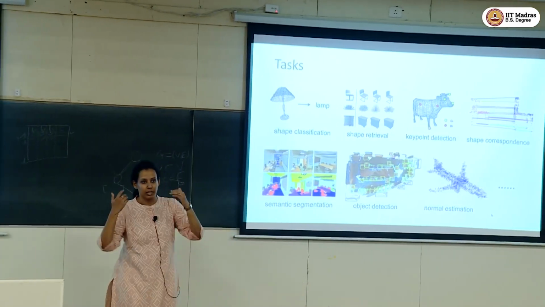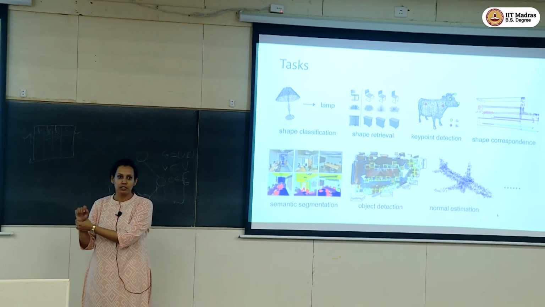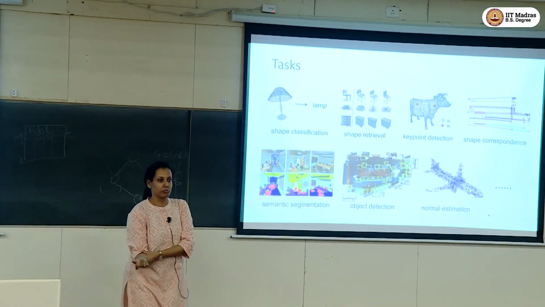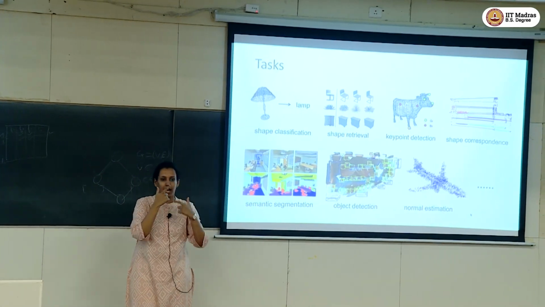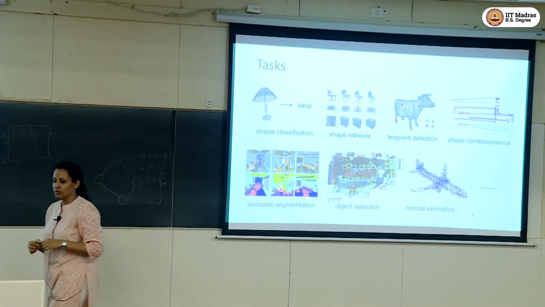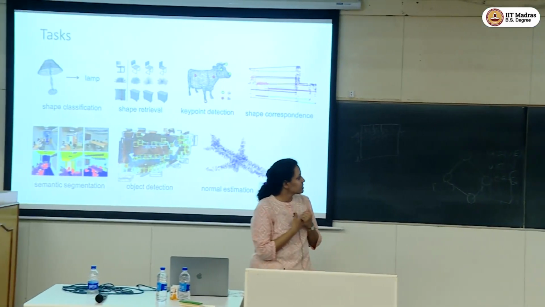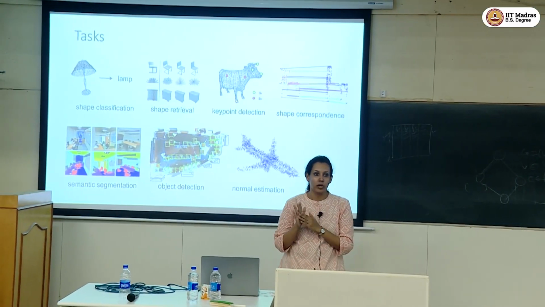For example, for a human body, the joints are landmark points where there is movement. On a face, maybe eyes, nose, mouth, ear are important points. So these are some things, and then there is something called shape correspondence.